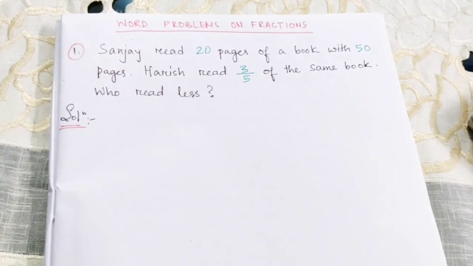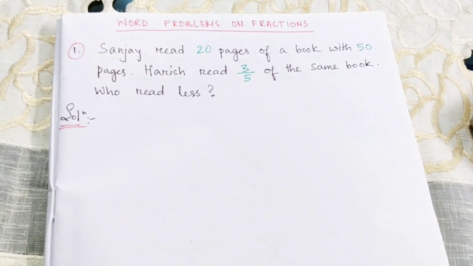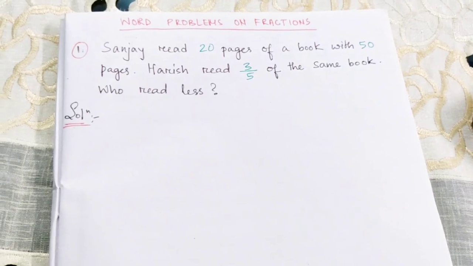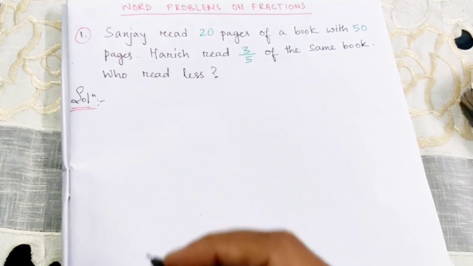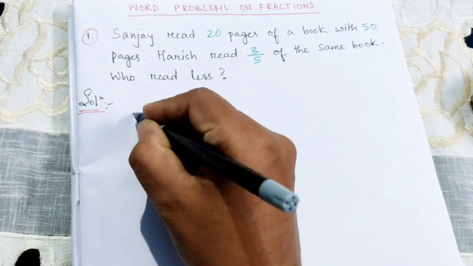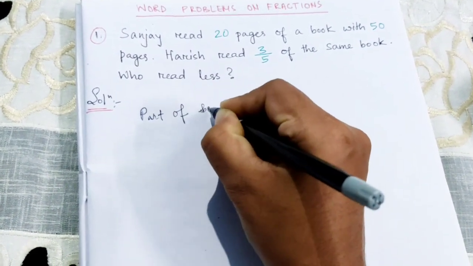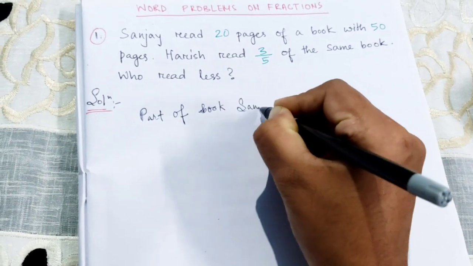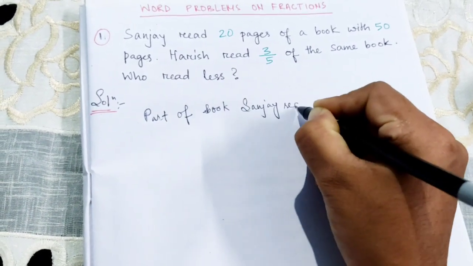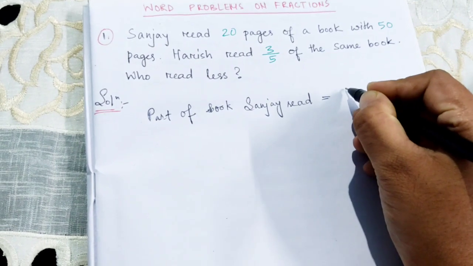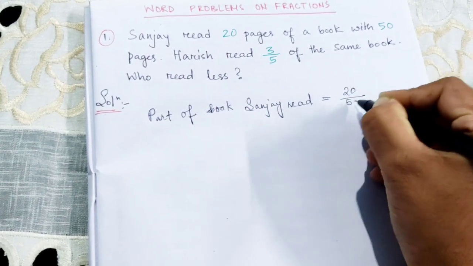The total number of pages in the book is 50 and out of 50, 20 pages have been read by Sanjay. So you will write the part of the book Sanjay read is 20 out of 50.